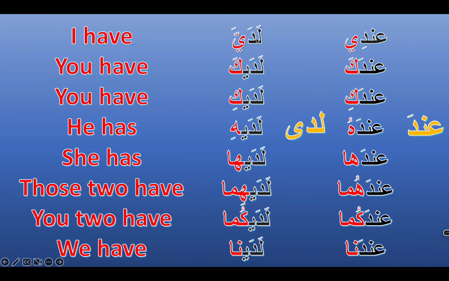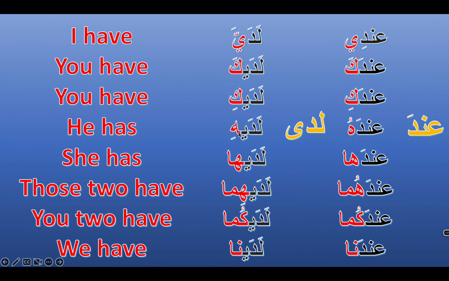So I have ladayya, ladayka, ladayki, ladayhi. Now notice it's not ladayhu like in indahu, but it's ladayhi. This is because when the last vowel sound of a word before a suffix is added is an e, if the suffix that is added is a hu, it will change to an e sound to be in harmony with the previous e sound.